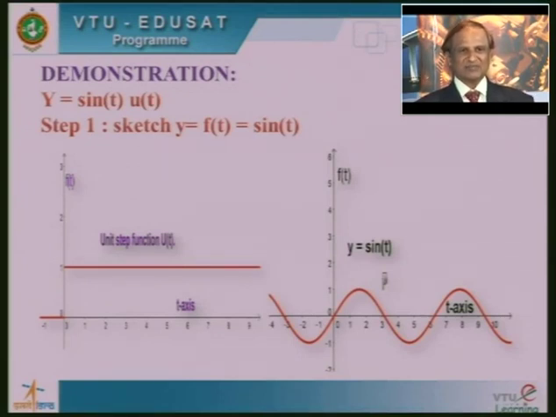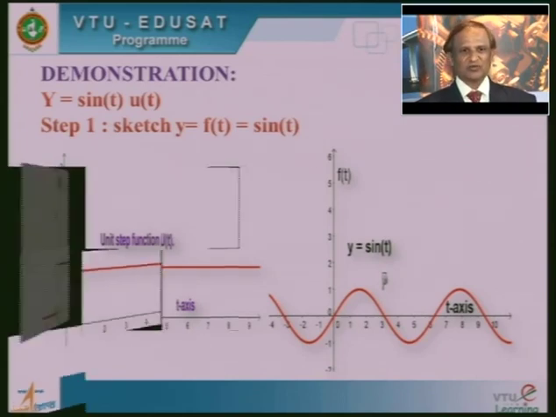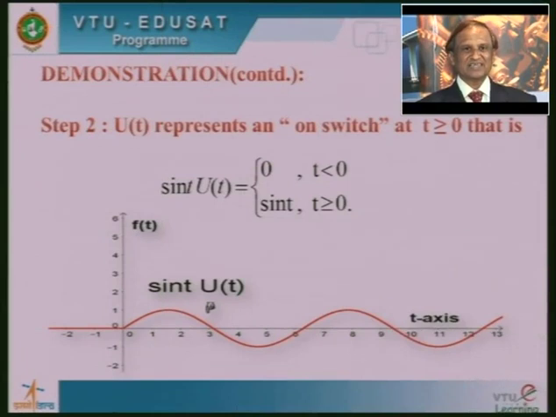Suppose I demonstrate y equals sin t into u of t. They have given sin t into u of t, or they may ask us to sketch y equals f of t equals sin t. I hope you are observing the sine curve, the red color curve, and the unit step function. I am going to multiply these two curves. Then what is the resultant curve? You cannot see the left hand side curve.